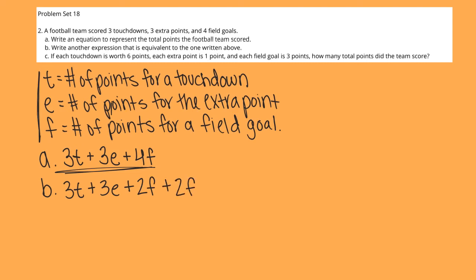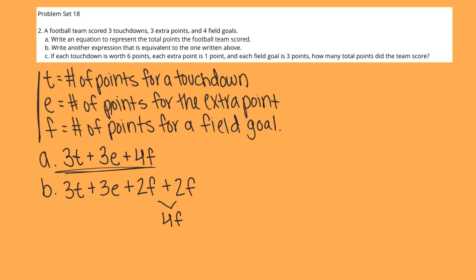Now, we can all agree that if we add our two field goals together, it's going to give us 4 field goals, when we combine the like terms, because we know that 2F plus 2F is going to give us 4F. So it's just rewriting it a different way, not too scary.